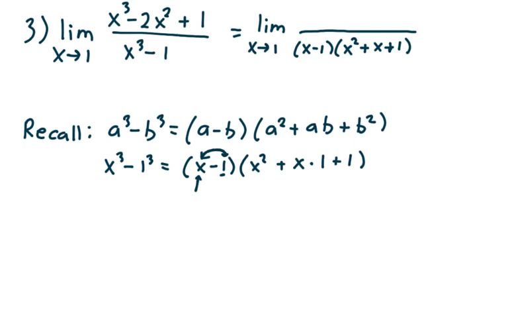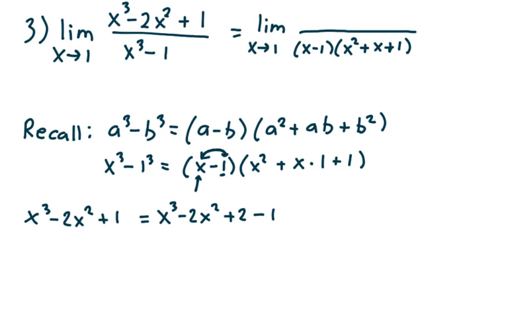Now we need to take a look at the numerator. There's a couple ways you can go about this. I would attack it this way. It's tricky, but I'm going to take x cubed minus 2x squared plus 1 and write this as x cubed minus 2x squared plus 2 minus 1.